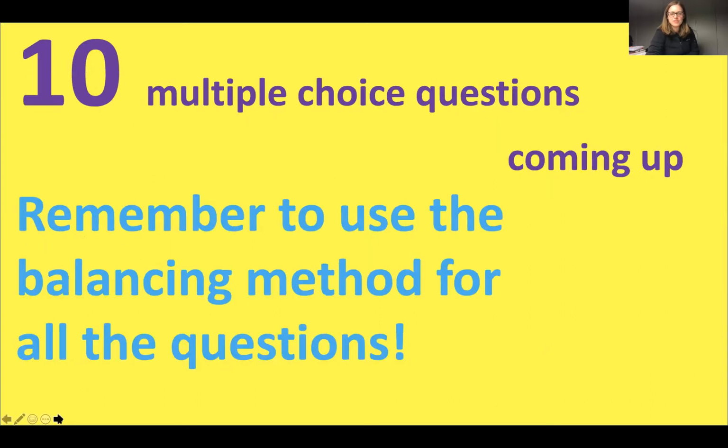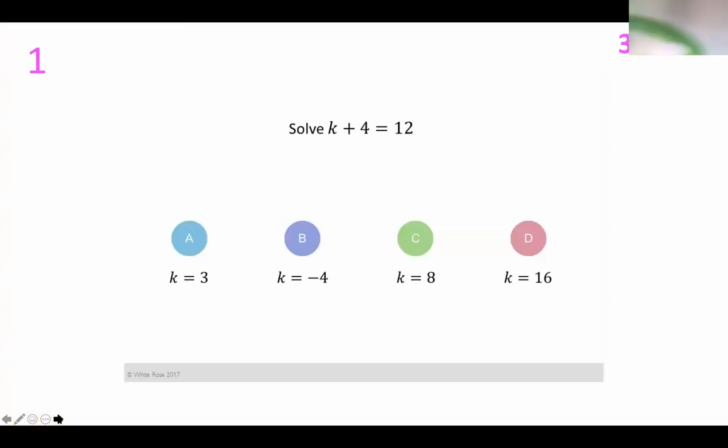It would help if I pressed the right button. I don't need to remind you, you know I need you to do the balancing method. 10 questions starting now. 30 seconds.